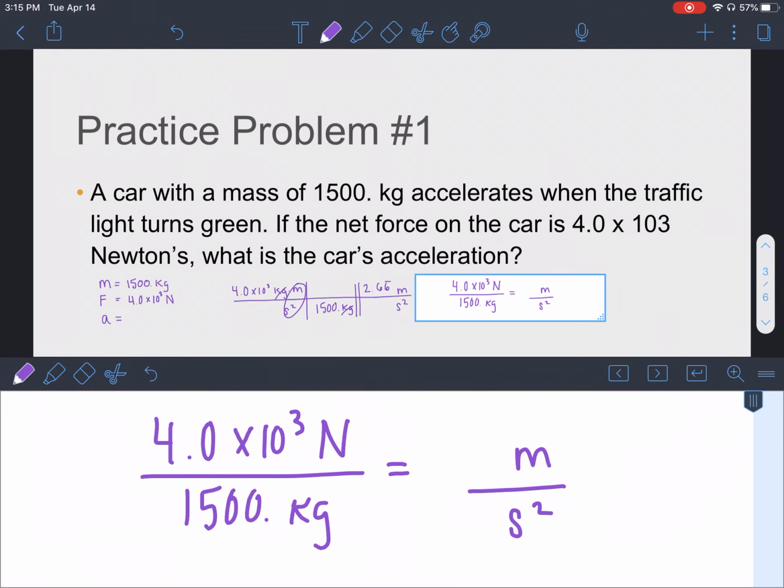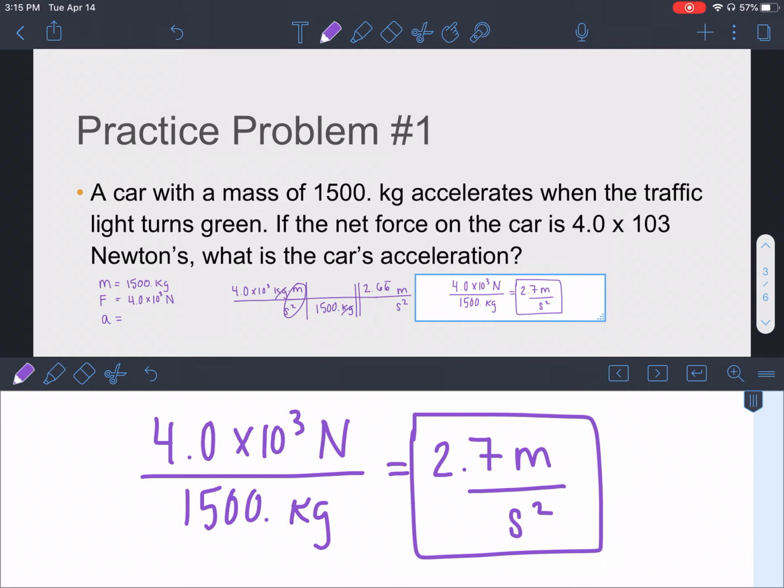All right, and if we are going to report this answer to the correct number of sig figs, it would be 2, because in 4.0 times 10 to the third, that is the least number of sig figs, and it is 2. So it is 2.7 meters per second squared.